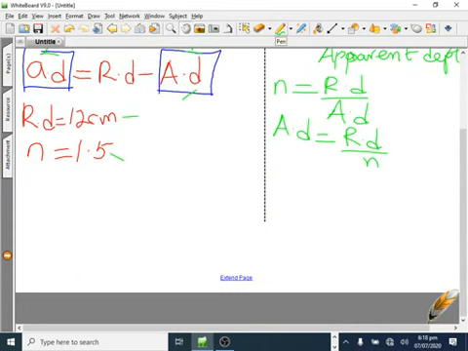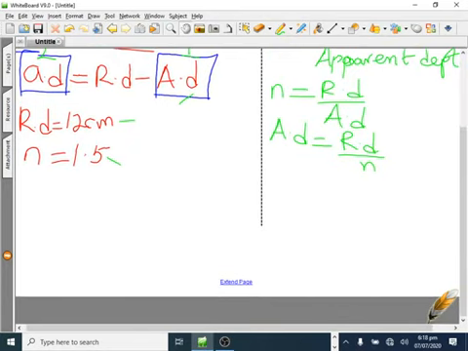Our apparent depth will now be equal to what? What's our real depth? 12 all over 1.5. So when you punch your calculator, 12 divided by 1.5, what do you have?